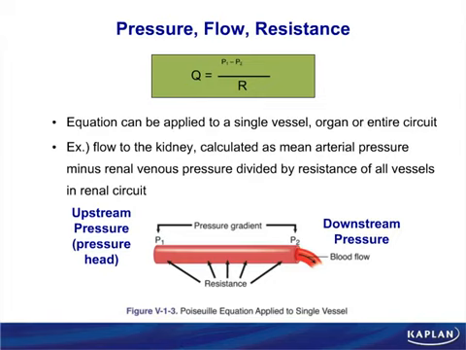That's our delta P, upstream minus downstream. Upstream is mean arterial pressure, downstream is venous, and we divide that by the resistance, and that will give us the flow. So here are the basic fundamentals: pressure, flow, resistance, and then upstream pressure P1 and downstream pressure P2.